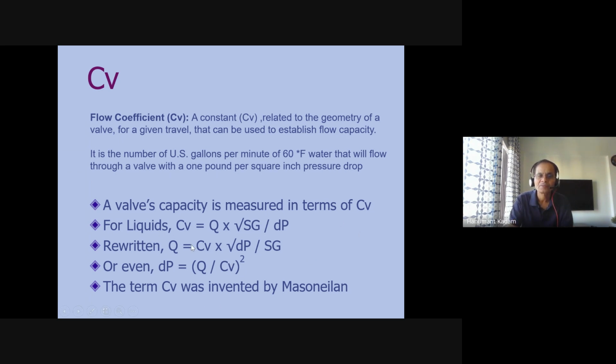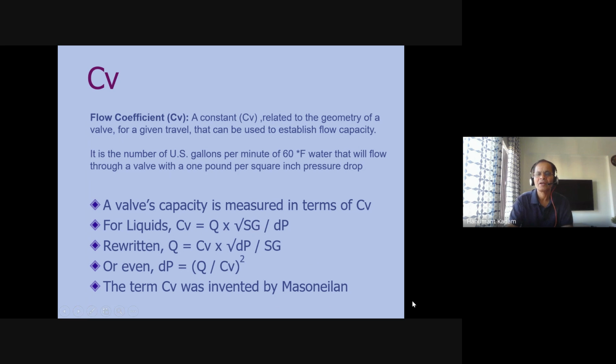For liquid flow, CV is Q times the square root of specific gravity over delta pressure. Read it as Q equals CV times the square root of dP over specific gravity.